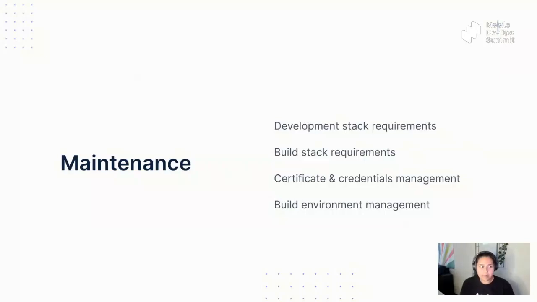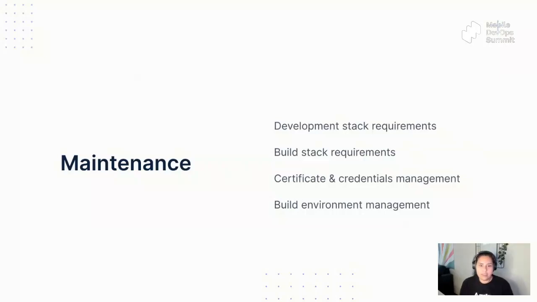Then there's the build stack requirements. Again, this is the infrastructure, hardware, and software that is needed in order to create the build for your application before it can be deployed. There you may have build requirements because of the type of framework or language that you're using to develop. You may be leveraging APIs or libraries that you need to ensure exist in order to create the build.